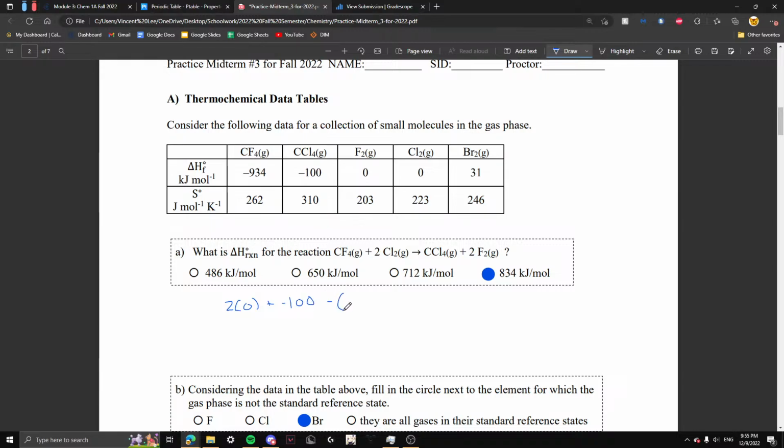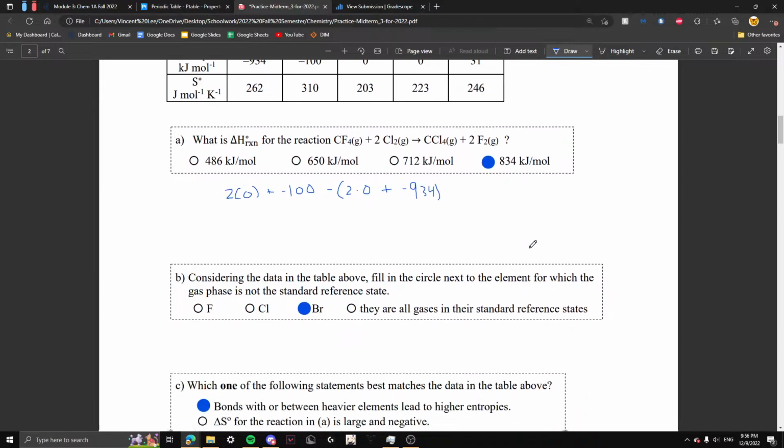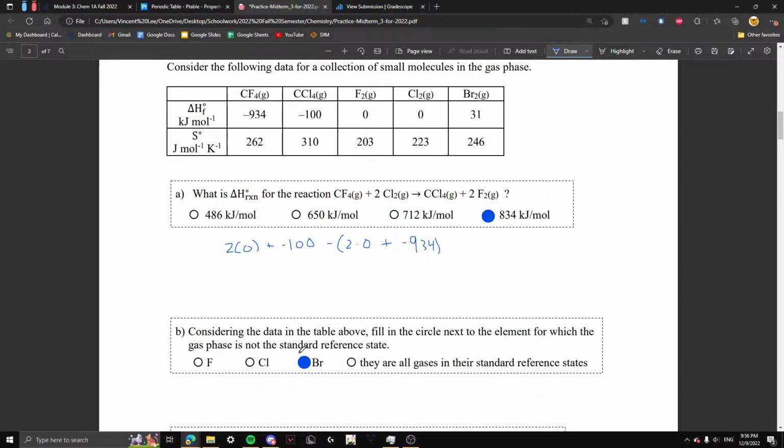And then minus the reactants, which is 2Cl2, which is 0, and CF4, which is negative 934. And then together you get 834. That's it. Very simple.